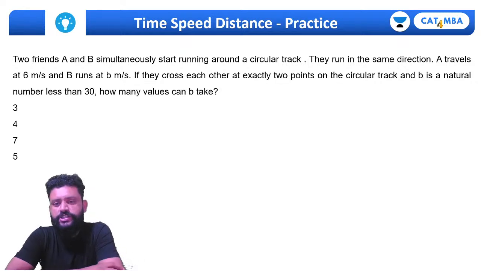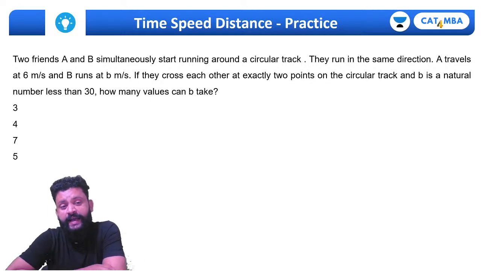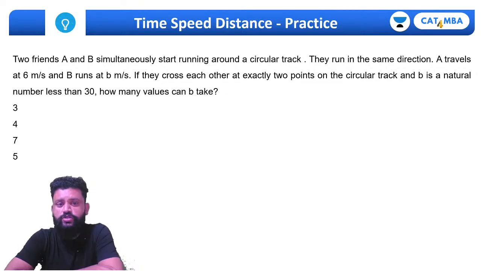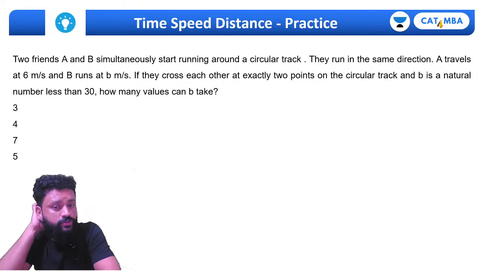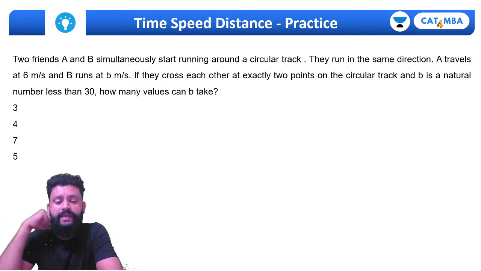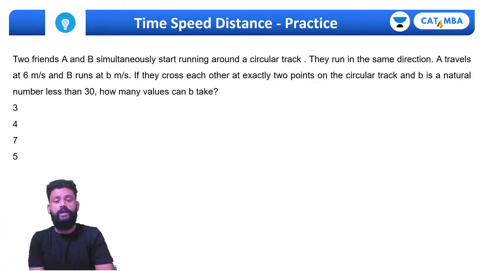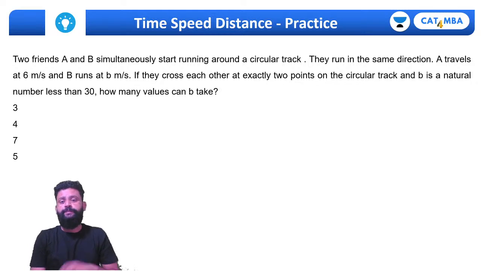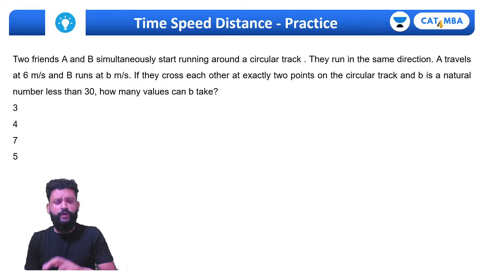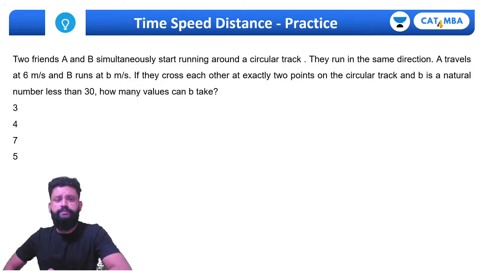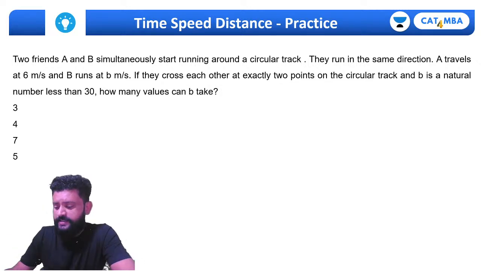If they cross each other at exactly 2 points on the circular track and B is a natural number less than 30, so how many values can B take? So we are supposed to find all the possible values for B, provided that B is less than 30, exactly 2 times they should meet.